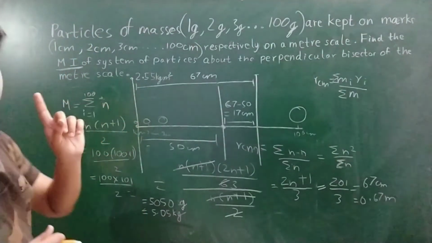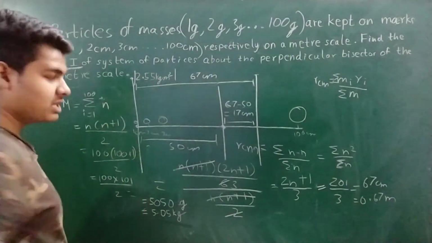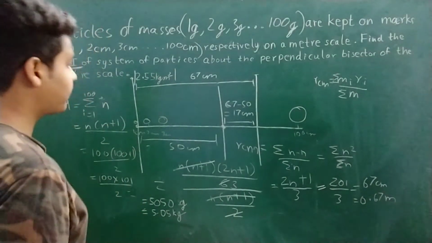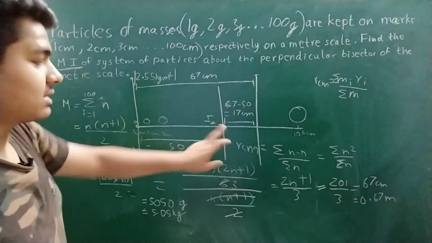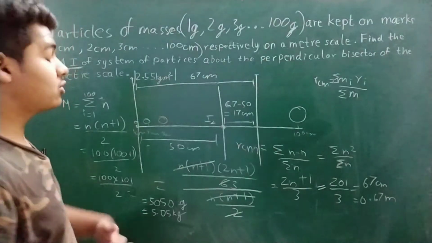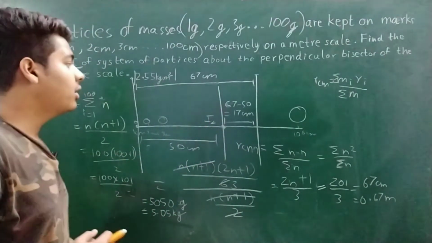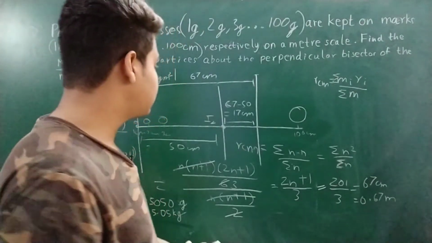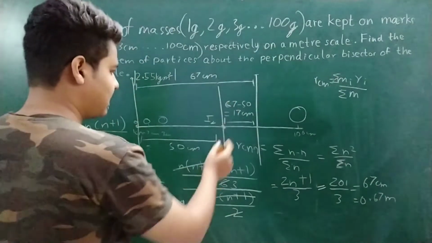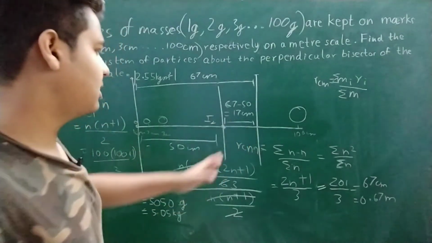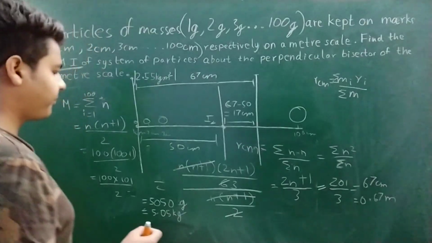I1 is 2.55 kg meter square. We have to find I2, that is at the center of the scale, at 50 centimeter. And we have two distances from the center of mass, 67 centimeter and 17 centimeter.